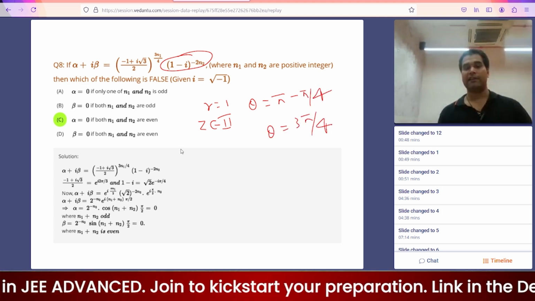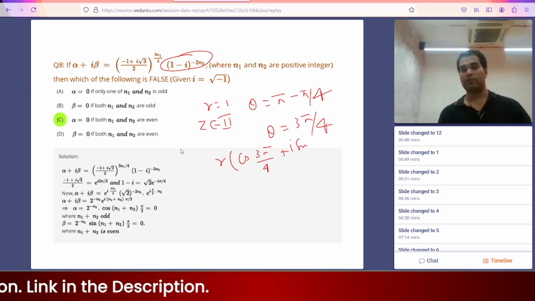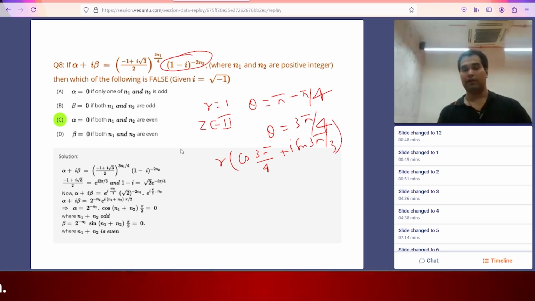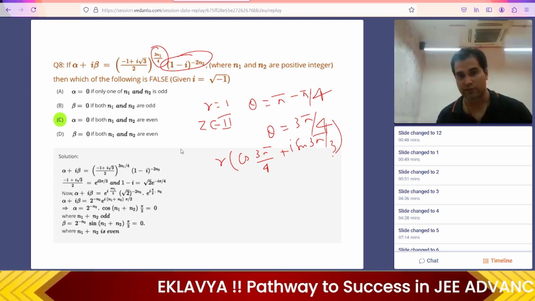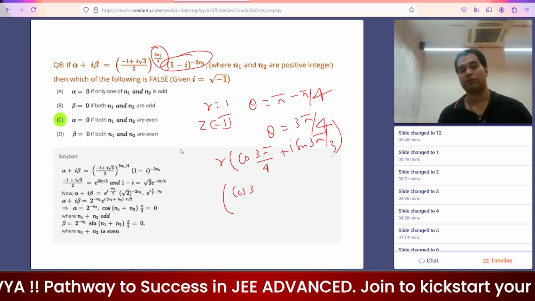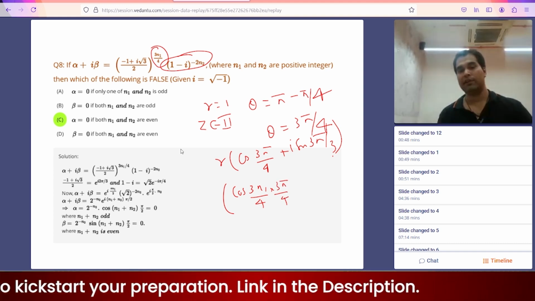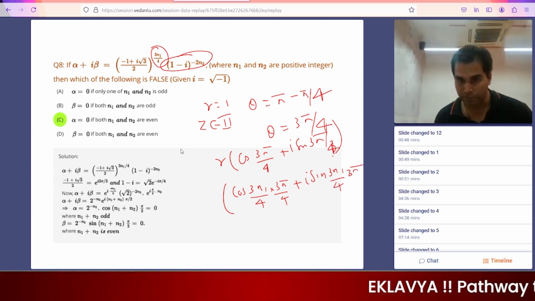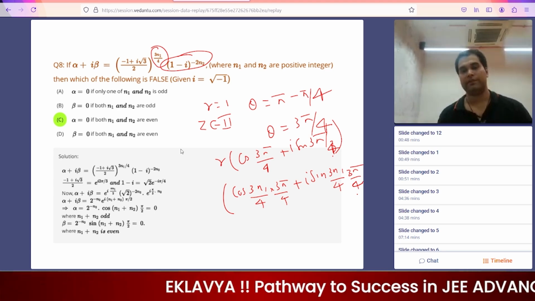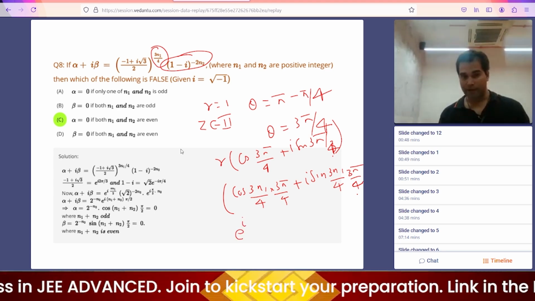This means theta is 3 pi by 4, and the number is r(cos 3 pi by 4 + i sin 3 pi by 4), and here the power is 3 and 1 by 4. We apply De Moivre's theorem to get cos of 3 and 1 by 4 into 3 pi by 4 plus iota sine of 3 and 1 by 4 into 3 pi by 4. This is also written in Euler form as e raised to the power of i.